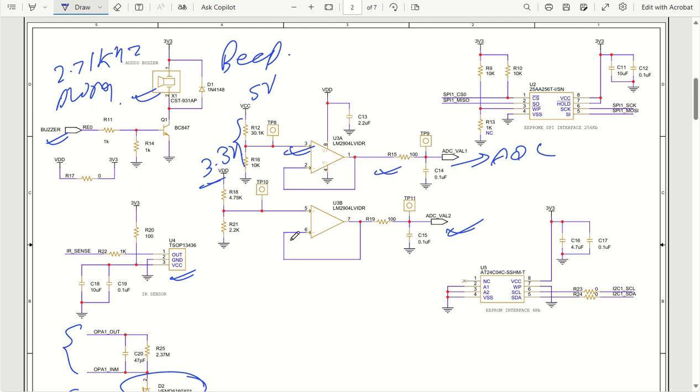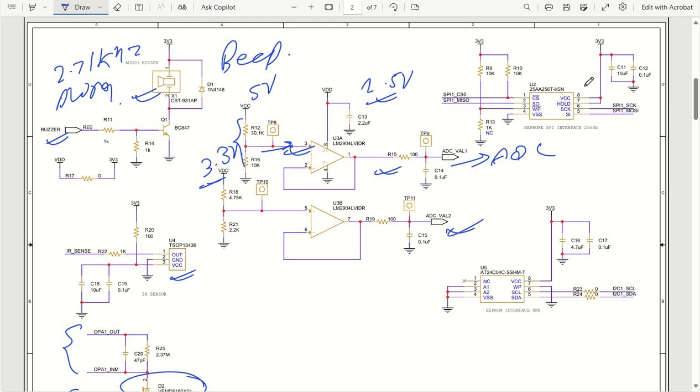This is always a good practice: pass it through an op amp and then send it through a filter and then send it to your ADC channel. However, one thing you have to understand is the voltage input that you are going to send to the ADC must be lower than the reference voltage. So it must be less than, I think, 2.5 volt, that I'll tell you later on.